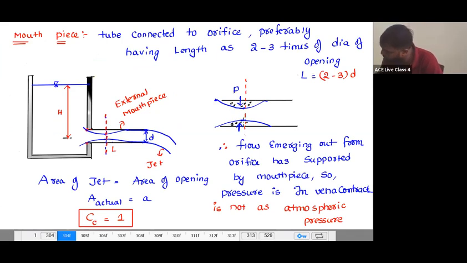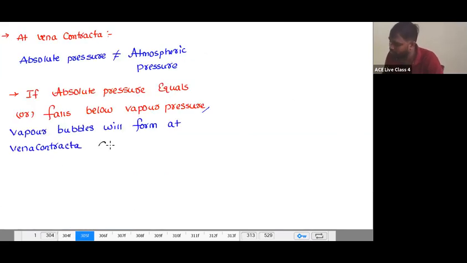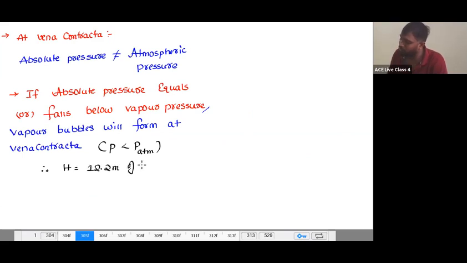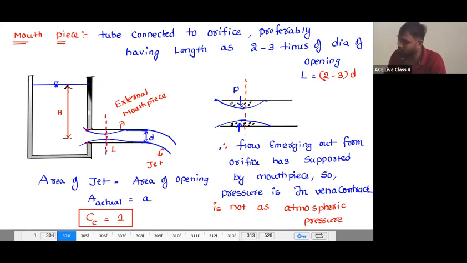When the pressure is less than atmospheric pressure, in this case the absolute pressure is less than atmospheric pressure. So if the absolute pressure equals or falls below the vapor pressure, vapor bubbles will form at the vena contracta, and that happens when the head of water falls to 12.2 meters of water. What is the head of water here? This is the head of water, right?